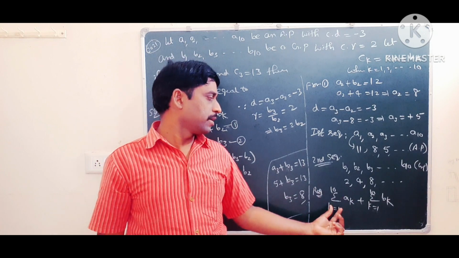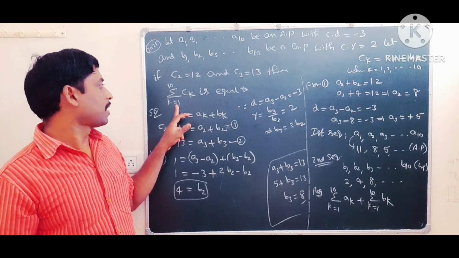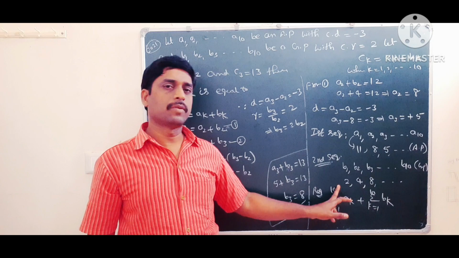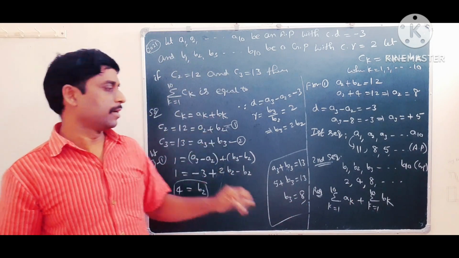So what is required here? Sigma Ck is required, k equal to 1 to 10 of Ck. What is the Ck value here from the statement given? Ak plus Bk.